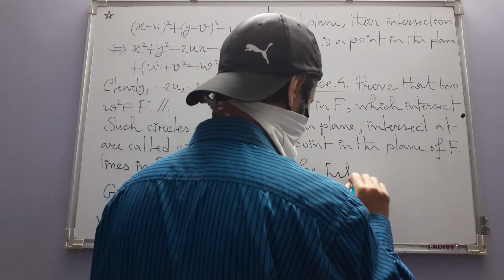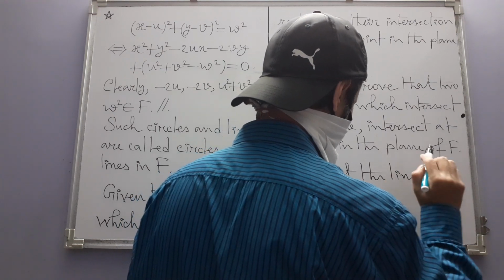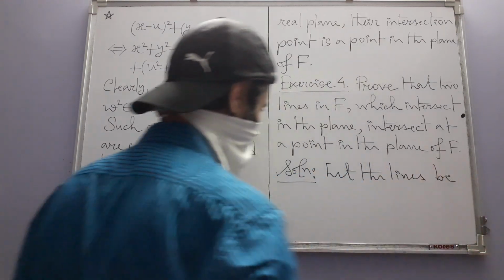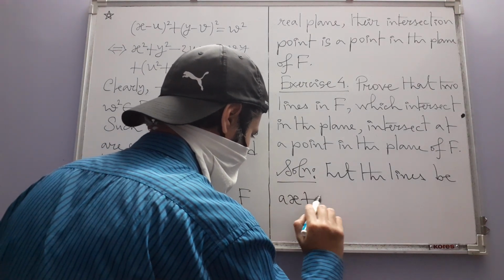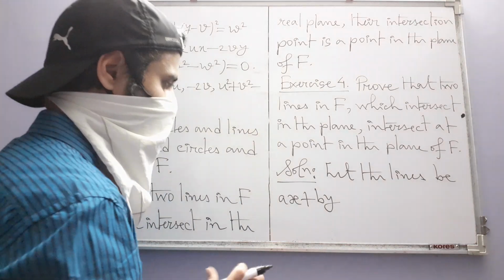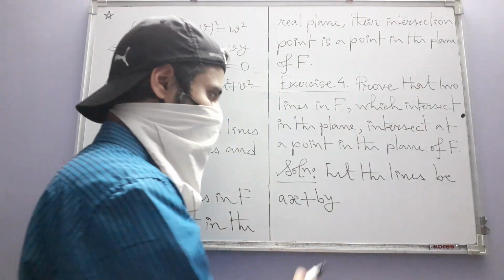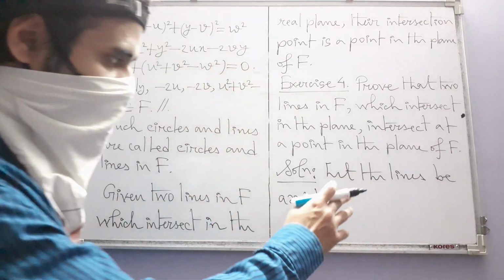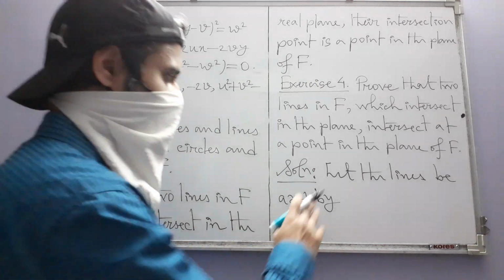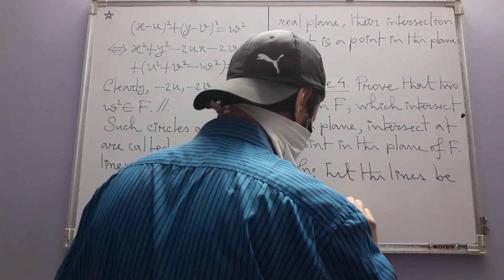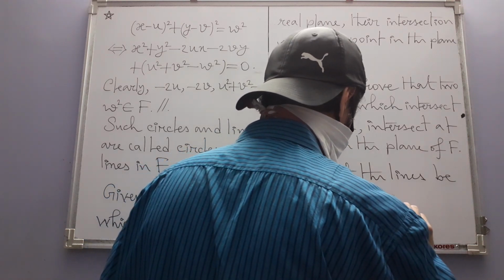Let the lines be Ax plus By plus C equal to 0 and Ux plus Vy plus W equal to 0. This is a somewhat informal way of writing this thing. Ideally, I should have written let the equations of those lines be this and this, but you of course understand this language also.